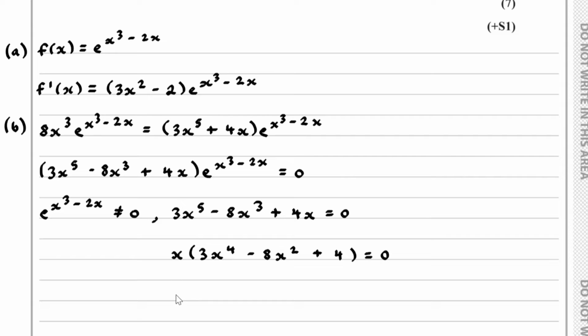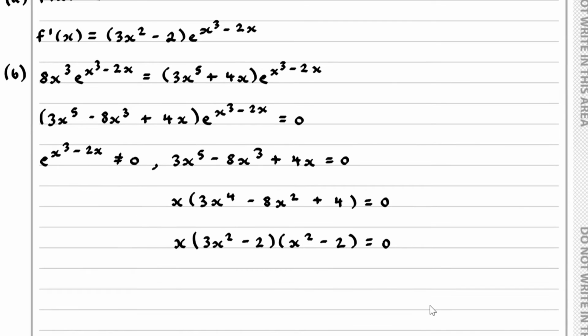And factorizing even further, we have x multiplied by 3x squared minus 2 multiplied by x squared minus 2. This is equal to 0.